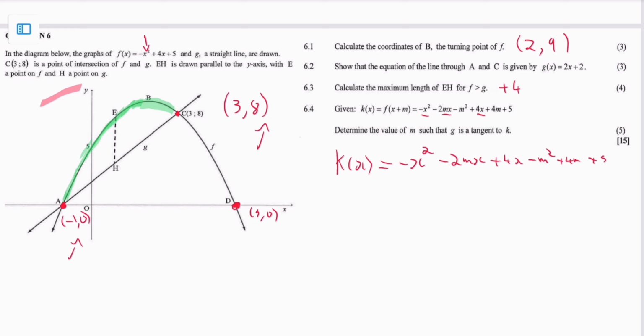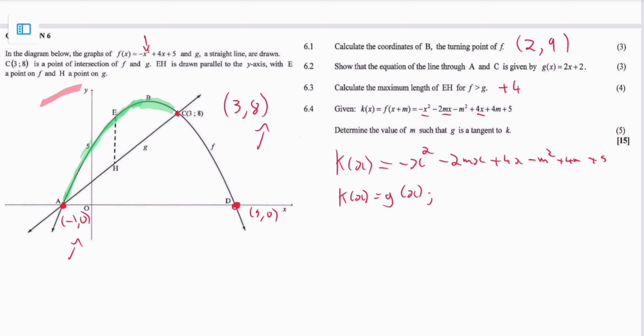Now they say determine the value of m such that g is tangent to k. Before we get there, let's reorganize this a bit more. What we're going to do is have k of x equal to g of x.